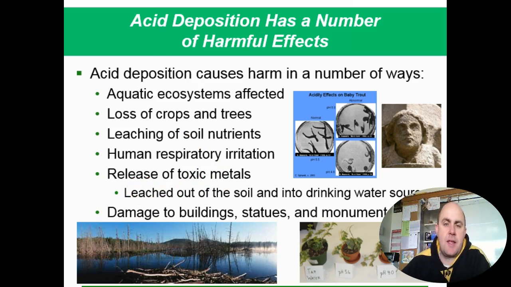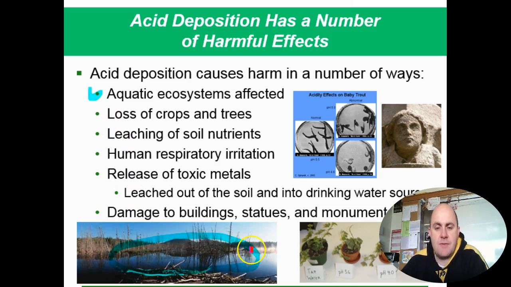Here are some of the problems it can create. Aquatic ecosystems can be affected pretty negatively. Here's a picture of a lake that's kind of dead as a result of its pH changing. Loss of crops and trees. You can see the trees in the background, but crops also suffer as a result of it. It can leach out soil nutrients. The soil nutrients would stay in place if it was just water, but the increased acidity breaks them off from the soil and helps wash them away, which can then hurt the soil long term.